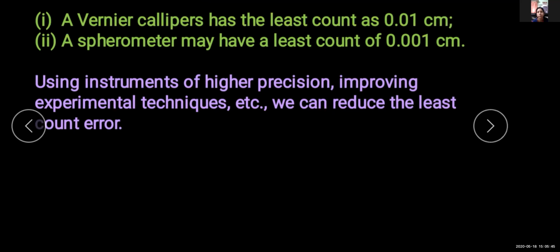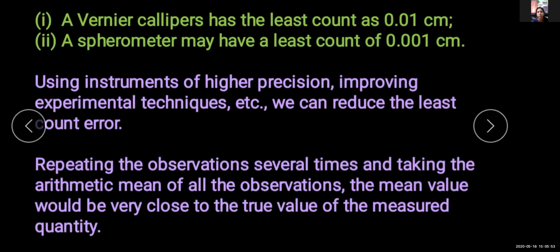Also, by repeating the observation several times and taking the arithmetic mean of all the observations, the mean value would be very close to the true value of the measured quantity. So I hope this is clear to you.